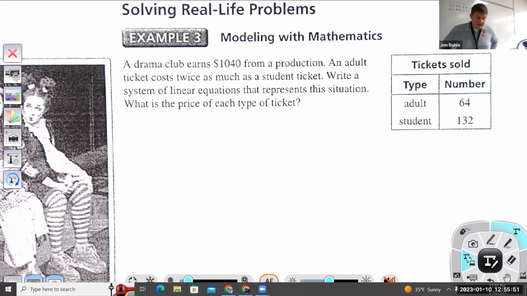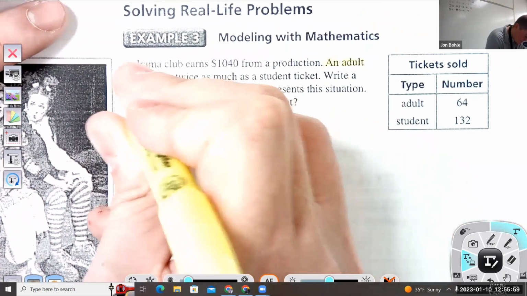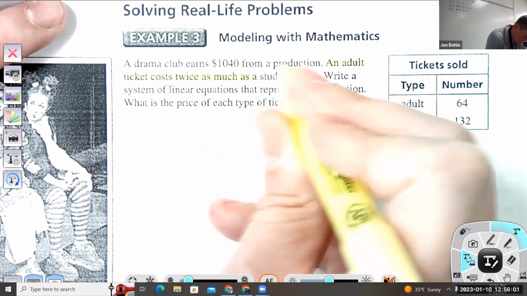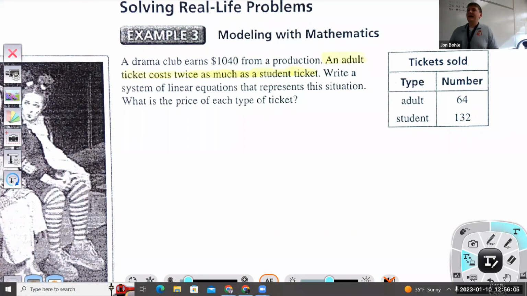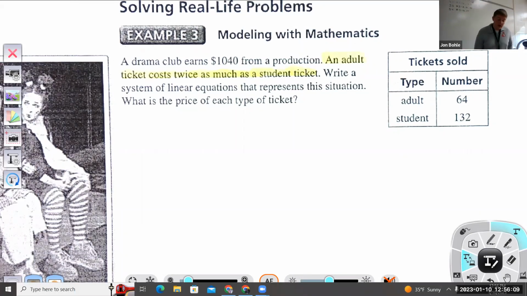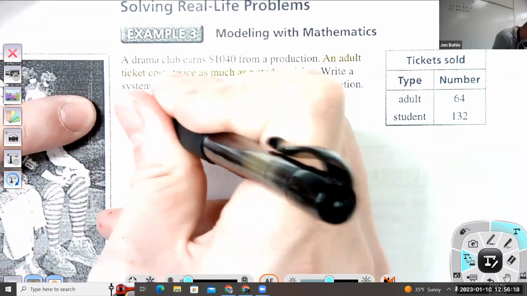Okay, let's first talk about this statement, that second sentence. An adult ticket costs twice as much as a student ticket. Okay, I don't know what the price of an adult or a student ticket is. I do know how many are sold. So those are going to be my variables.